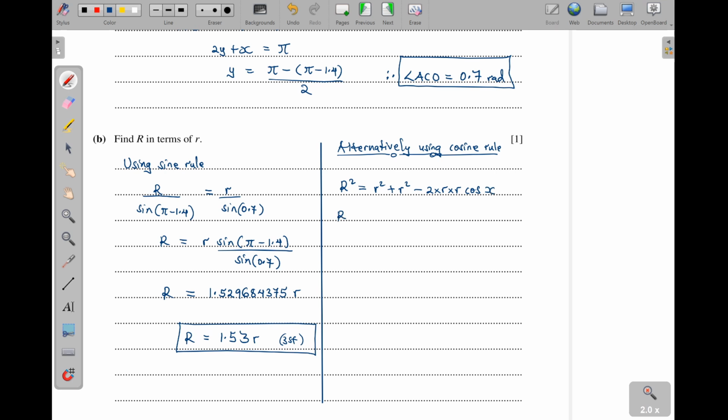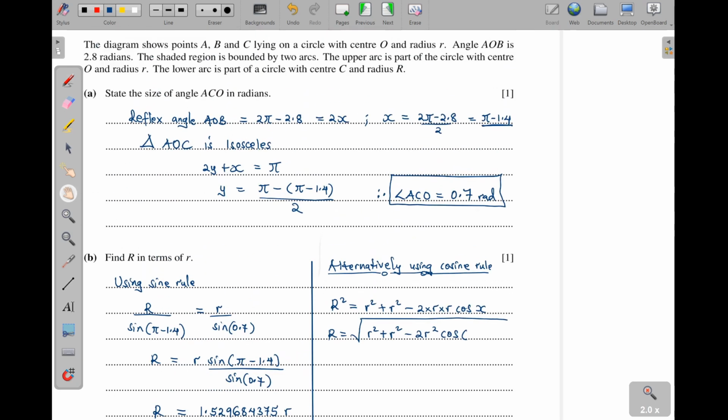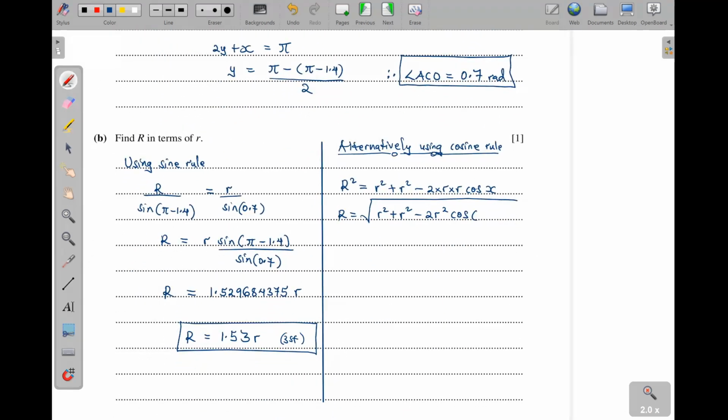So meaning R is equal to the square root of r squared plus r squared minus 2r squared cosine of x, which we got here as pi minus 1.4. So what do we get here? This is 2r squared minus 2r squared cosine of pi minus 1.4 under the square root.